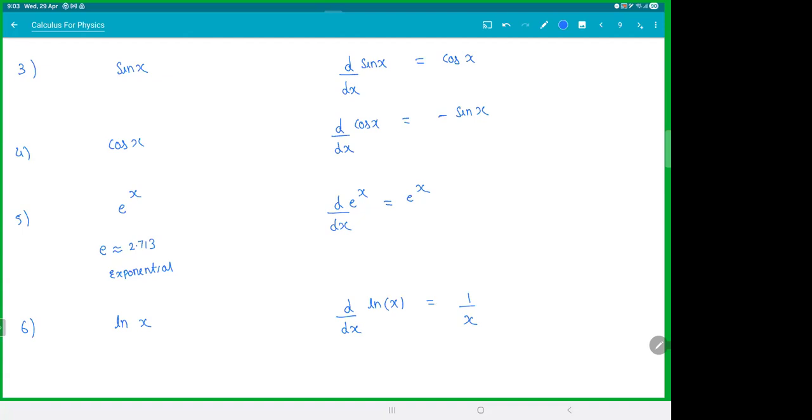These are the 6 formulas. This is level 1. You need to remember this stuff. There is nothing to think about here, you just need to remember this.